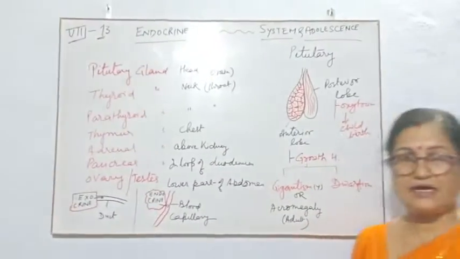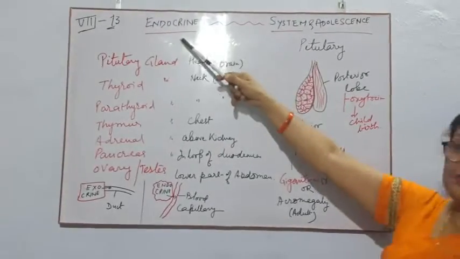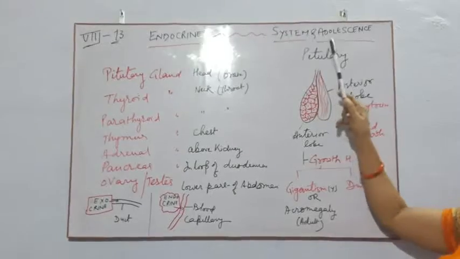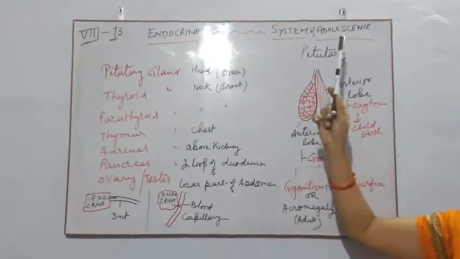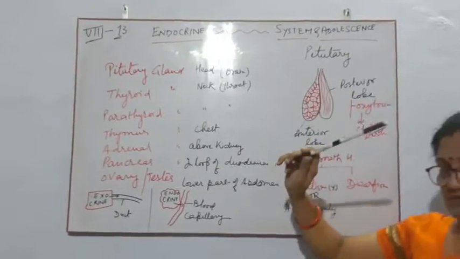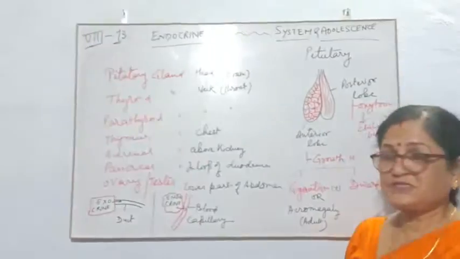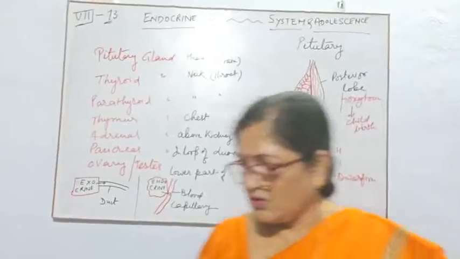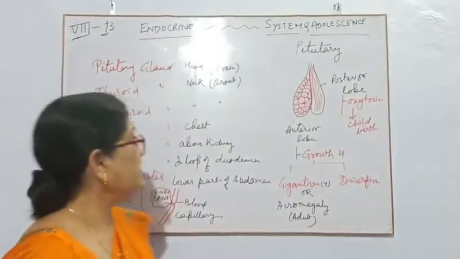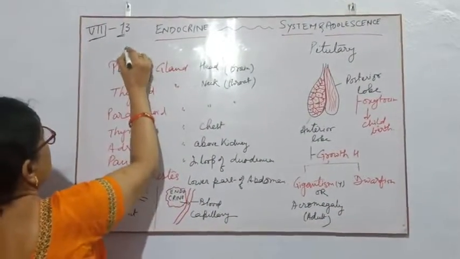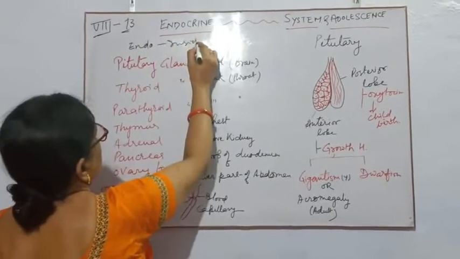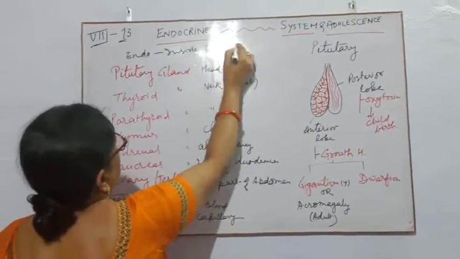Today I will start a new chapter, that is the endocrine system and adolescence period. So first of all, I want to explain what endocrine is. All of you know endo means inside and crine means gland.